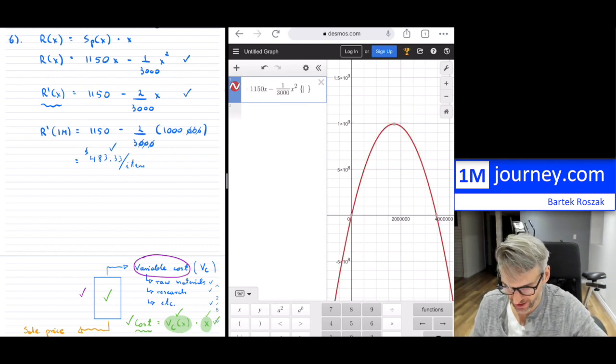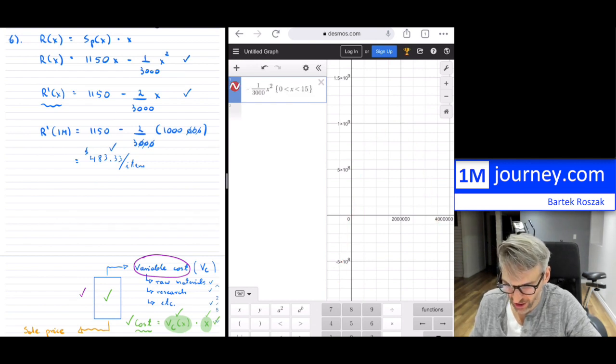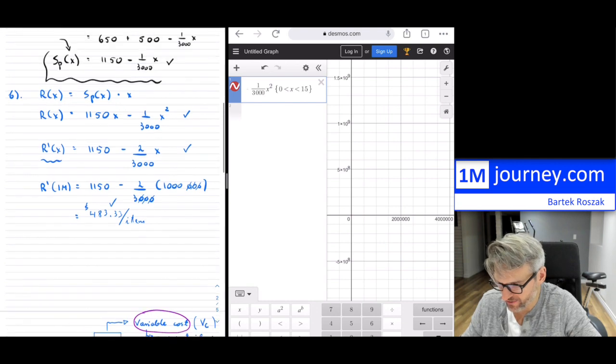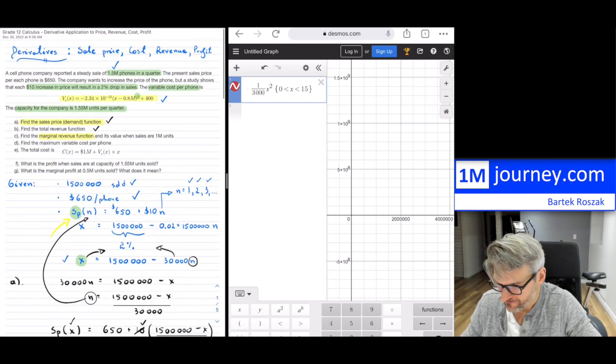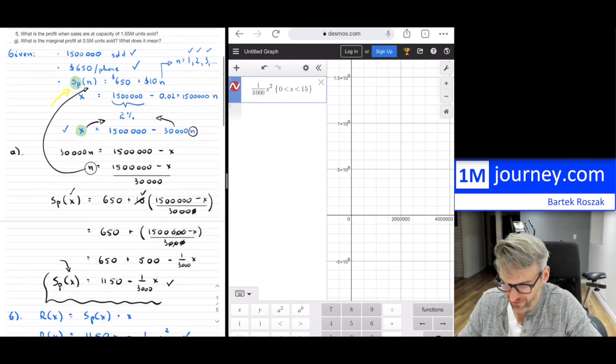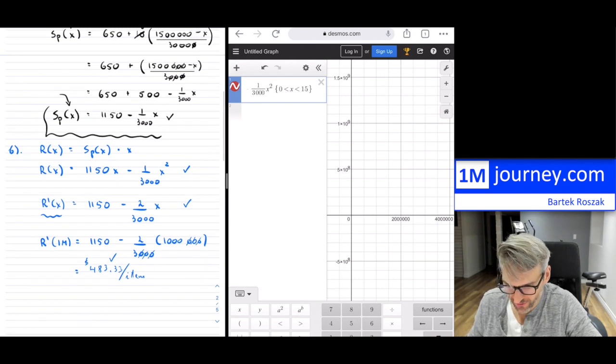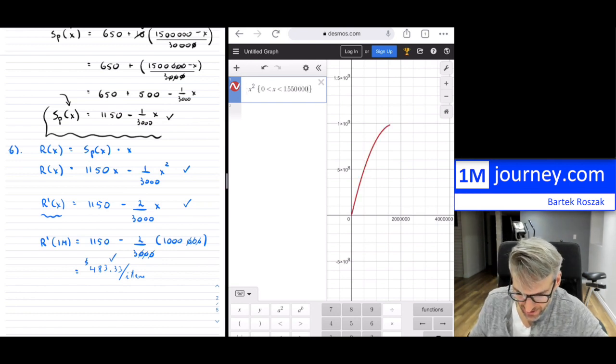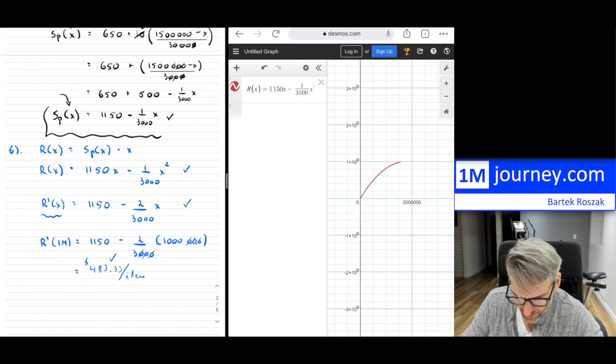We had a capacity of 1.55 million units. So this is my revenue function.